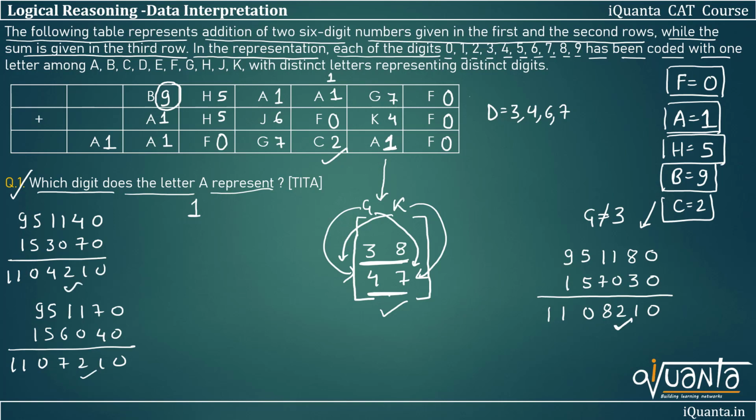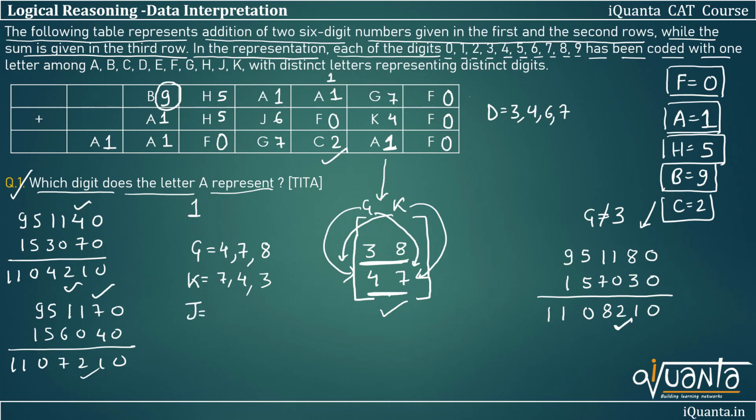When we talk about G and K, G can be 4 in this case, then in one case it was taking value 7, and in one of the cases G was taking value 8. The corresponding values of K: when G is 4, K will be 7; when G is 7, K will be 4; and when G is 8, K will be 3.